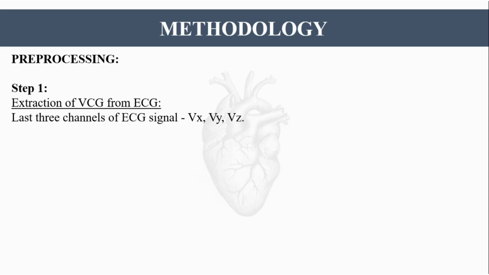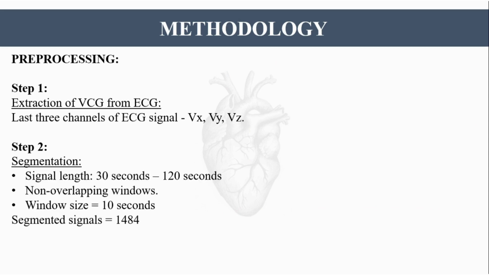Next step is signal pre-processing. The sub-steps include: step 1 is extraction of VCG from ECG. We have basically extracted the last 3 channels from the 15-channel ECG. Step 2 is segmentation.